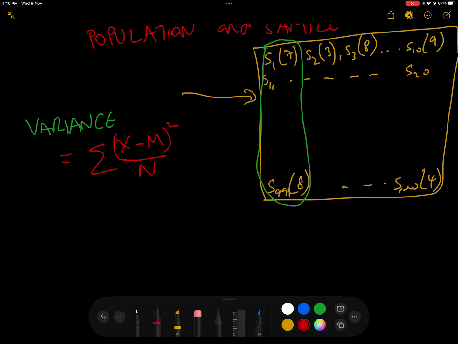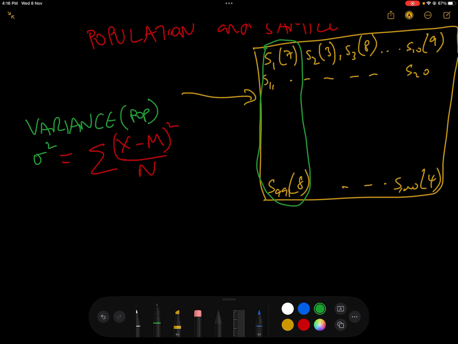That variance, when it's a population, so let's call that variance population, means we're going to use all 1,000 students, and it's denoted as sigma squared.